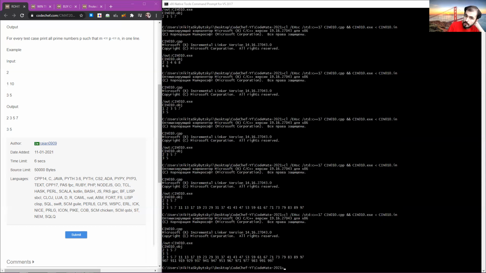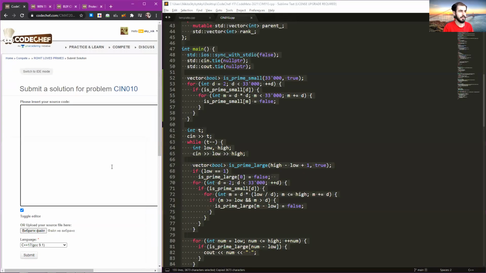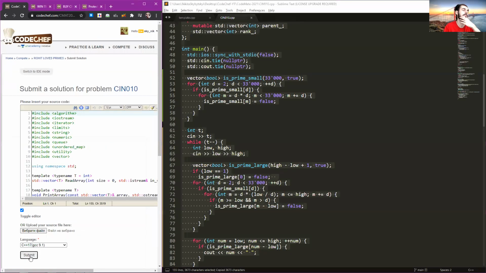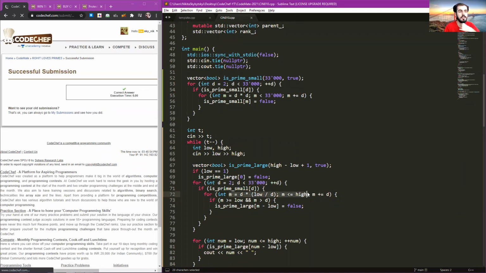We can use Wolfram Alpha, right? So the answer requires 907, 911, 919, 929, 937, 941, 947, 953, 967, 971, 977, 983. Okay, I'm still not confident that we are not doing anything wrong, but it should be okay at least on time, because this sieve on this range, okay.